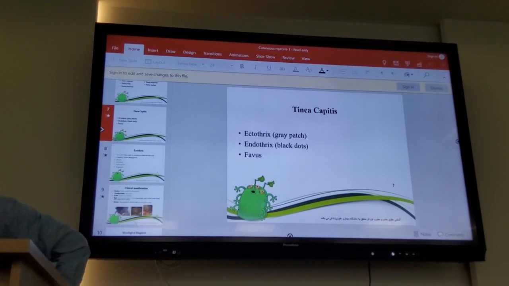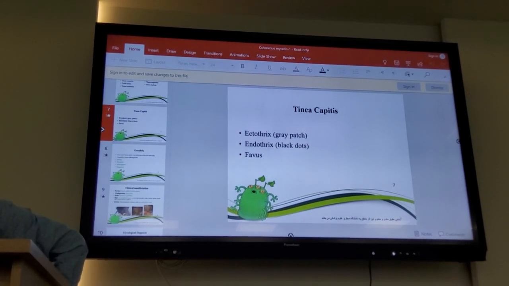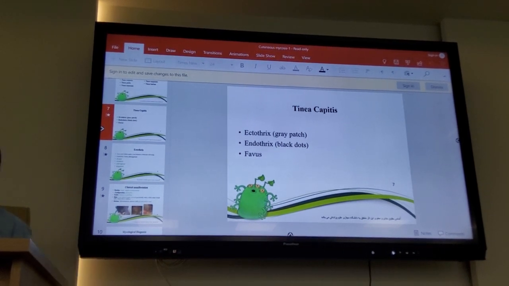In ectothrix, sometimes you have a gray patch, because you have a cluster of spores around the hair.